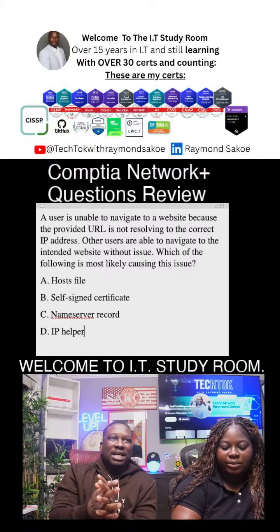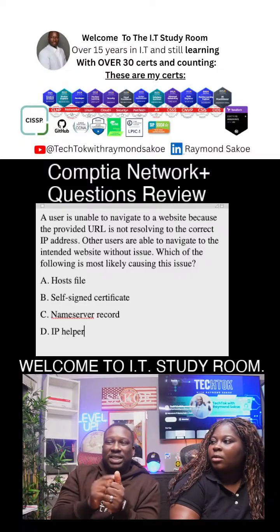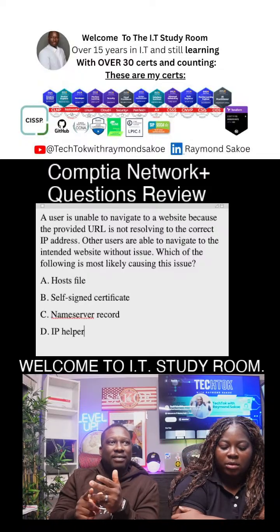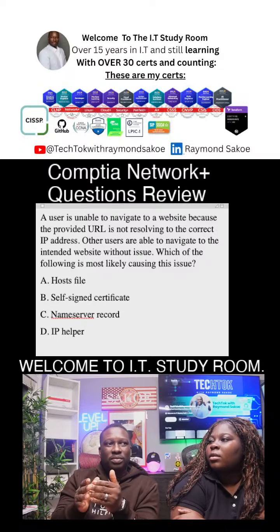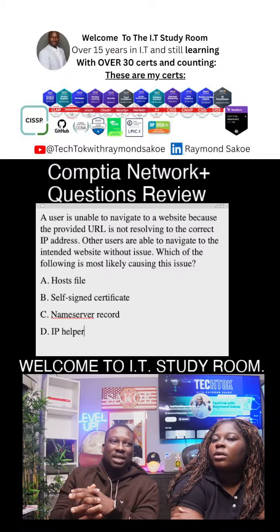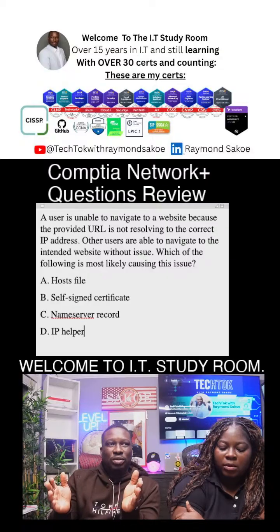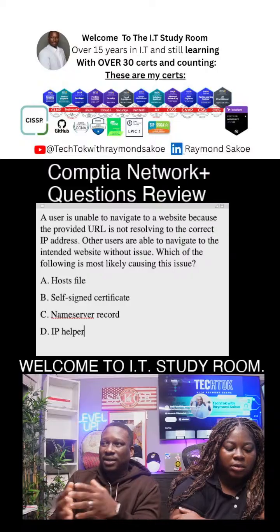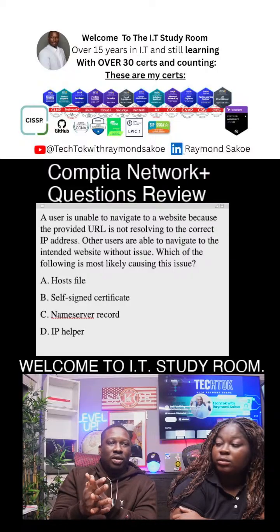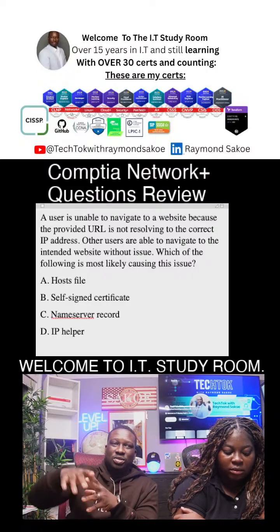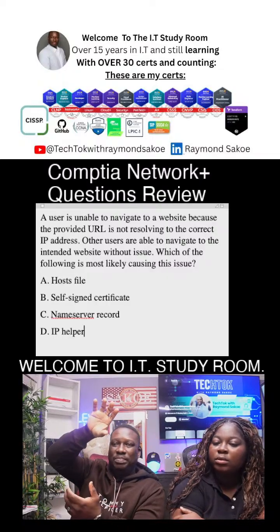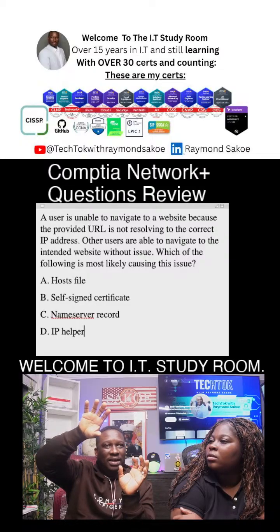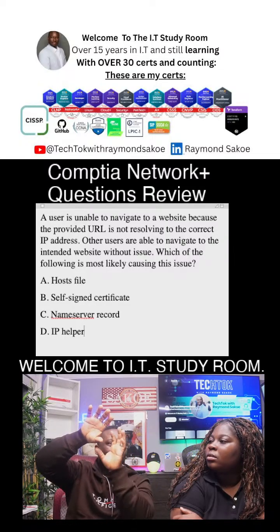So with DHCP, every single network that you have should technically have its own DHCP server. If you have 100 or 200 different networks, you have to manage 200 DHCP servers, which is a headache. So what you can do as a network administrator is have a centralized DHCP server that every network connects to or relies on.